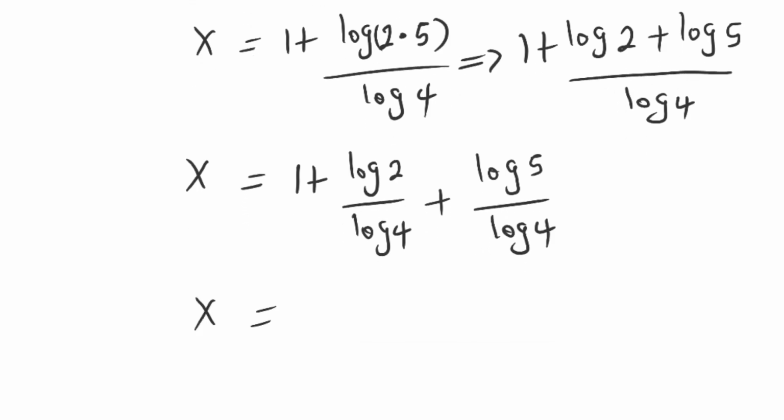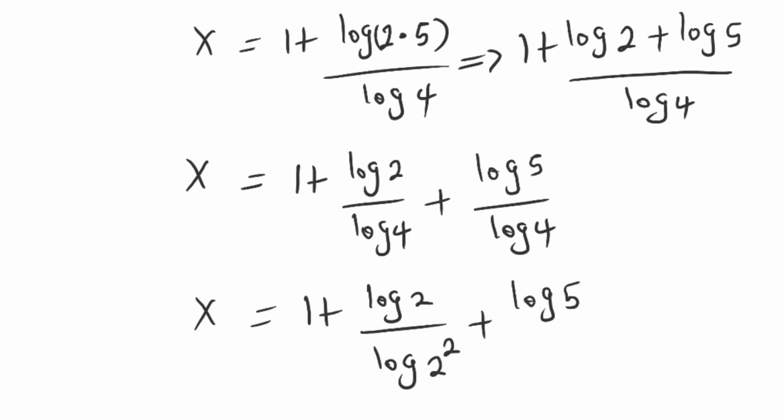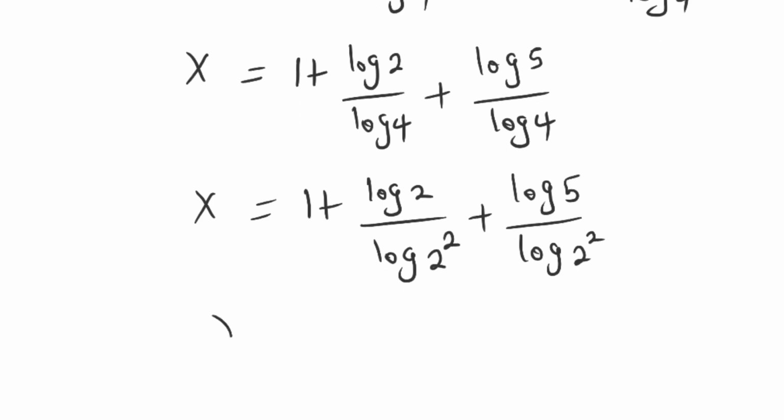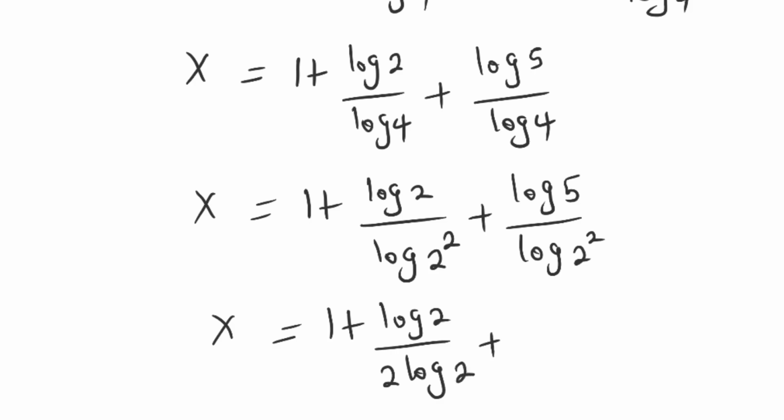And s is equal to 1 plus log 2 over log 4 can be written as log 2 over log 2 square plus log 5 over log 4 can be written as log 5 over log 2 square. S is equal to 1 plus log 2 over, this is 2, log 2 plus log 5 over 2 log 2.